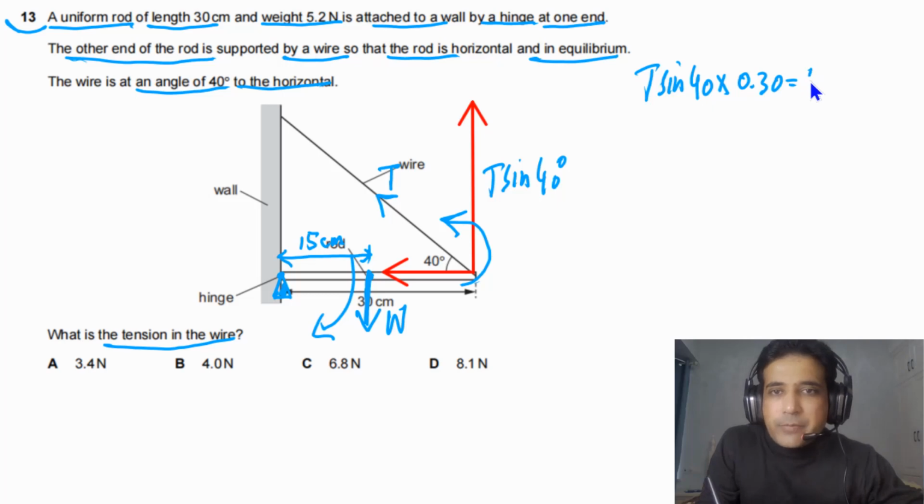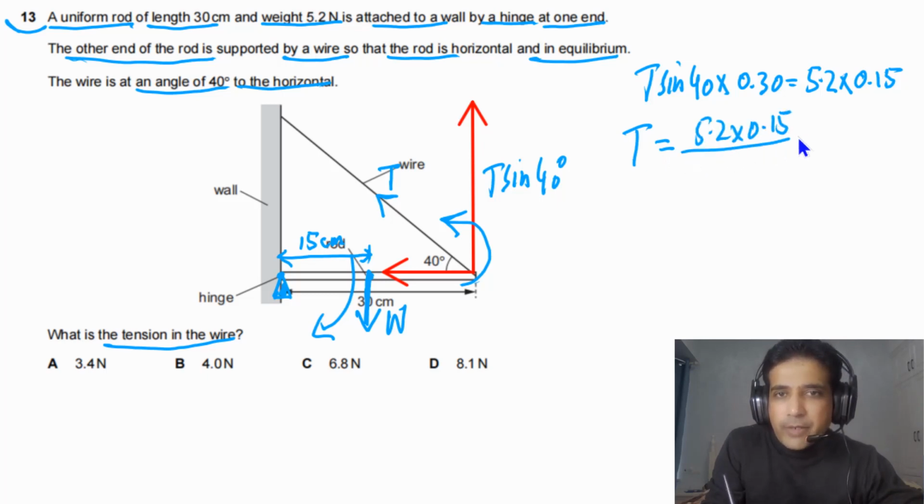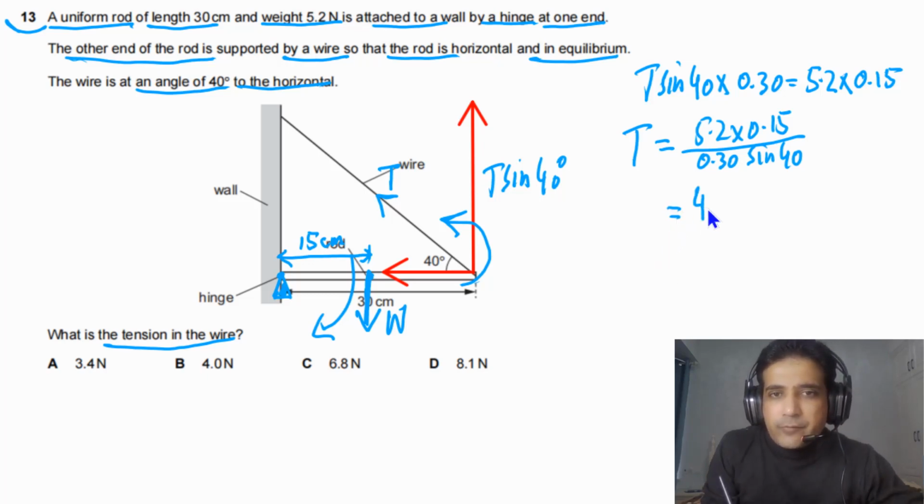From here we can find out value of T. So T will be equal to 5.2 times 0.15 divided by 0.30 times sine of 40 degrees. And if we solve this one, our answer up to 2 SF will be equal to 4.0 newtons.